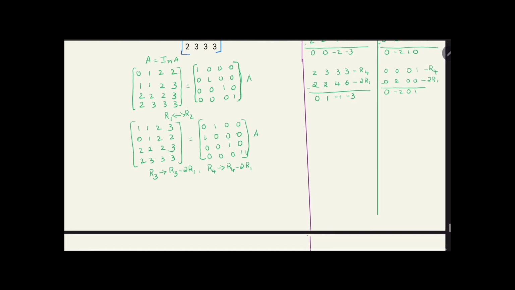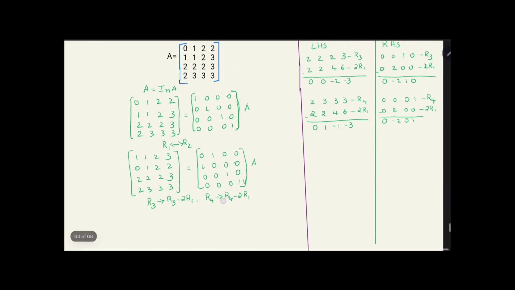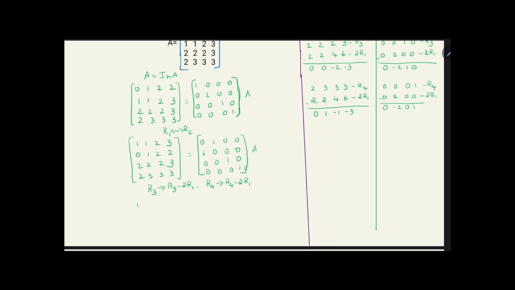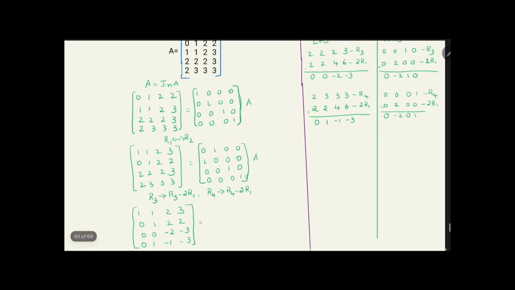Now what will be the first row? The first row and second row remain the same. So that is 1 1 2 3, 0 1 2 2. Okay, the third row is 0 0 minus 2 minus 3, and the fourth row is 0 1 minus 1 minus 3, is equal to, now what did we get for the identity matrix?